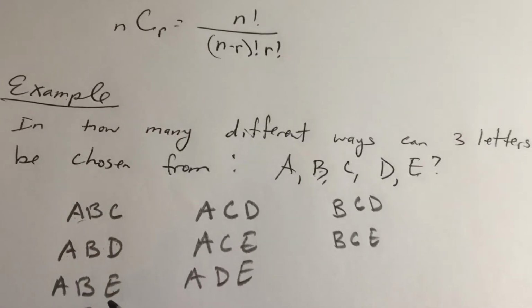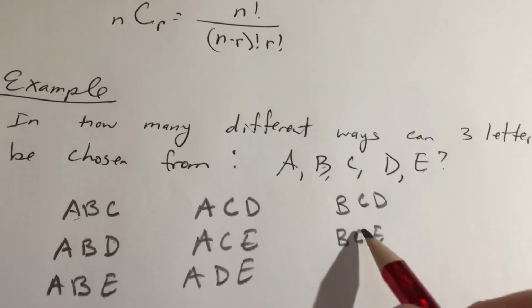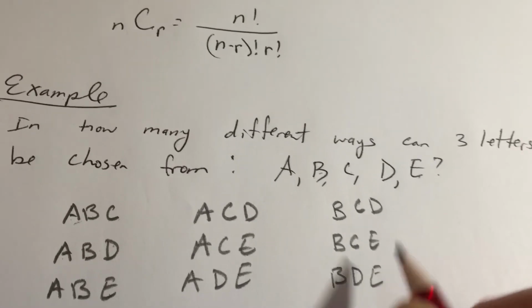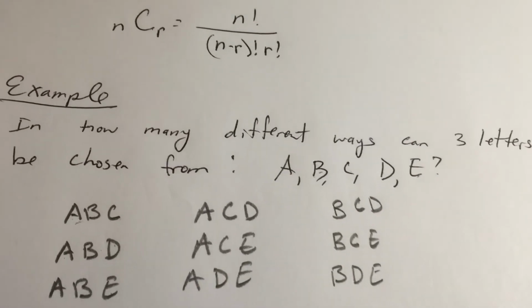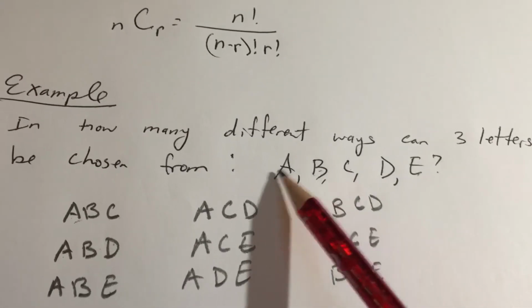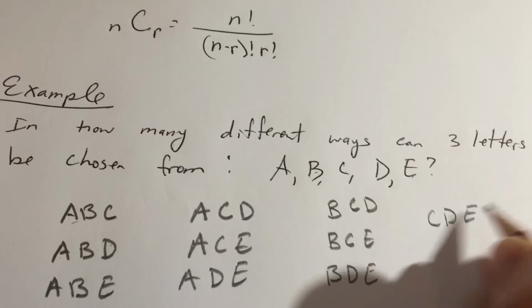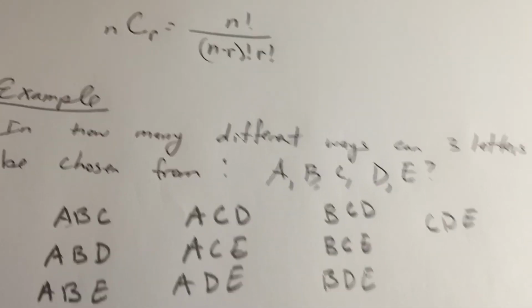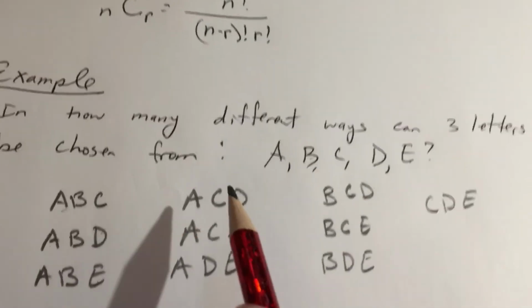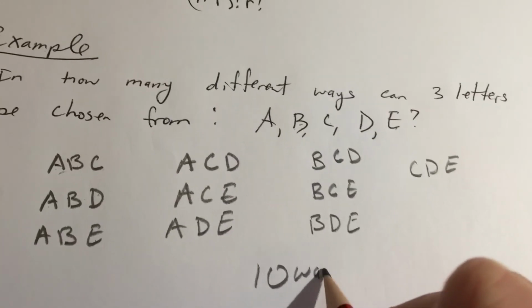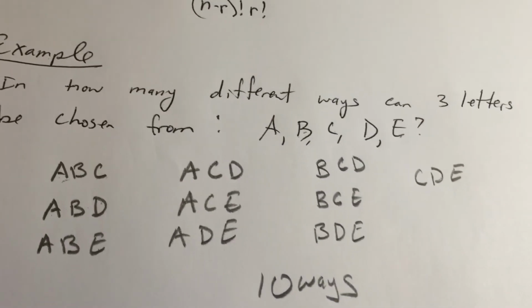What if I don't choose C at all and I just say B, D, and E? And if we take off A and B, the only way I can choose is C, D, and E. So there are 3, 6, 9, 10 ways that we can choose our letters.